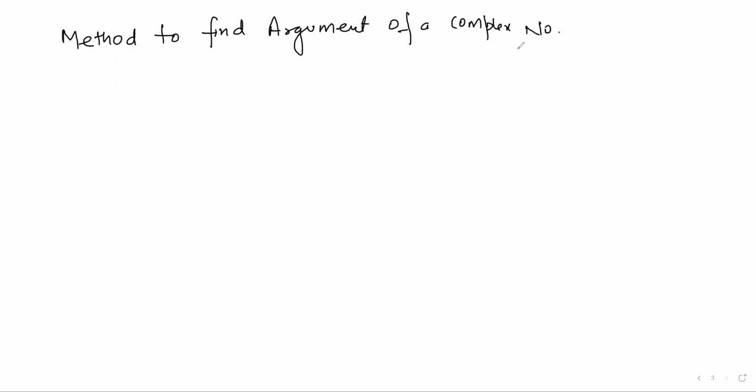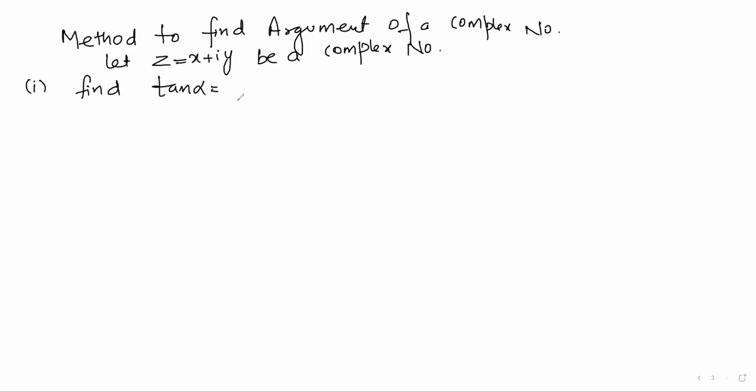So first of all, let z is equal to x plus iota y be a complex number. What you need to do, first of all, find tan alpha is equal to y by x. I will explain how you need to find this. So first of all, you need to find this one.